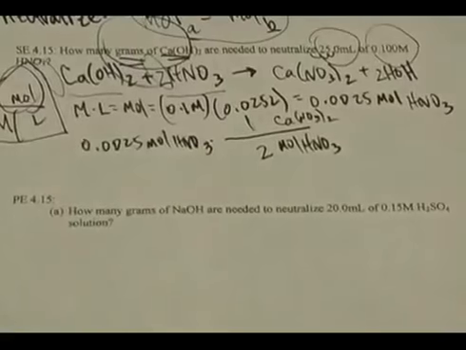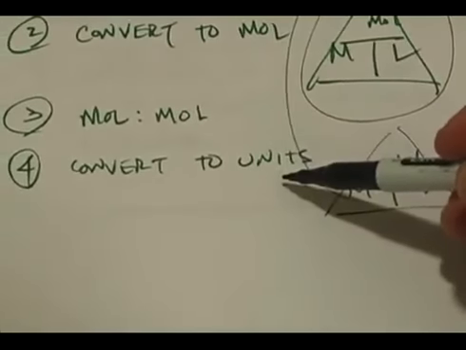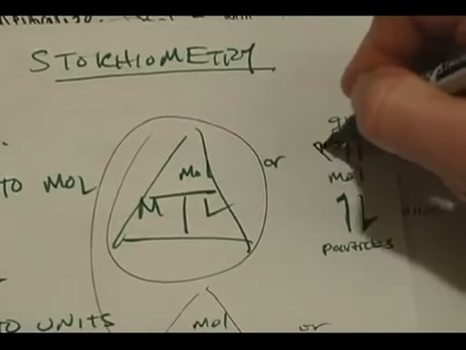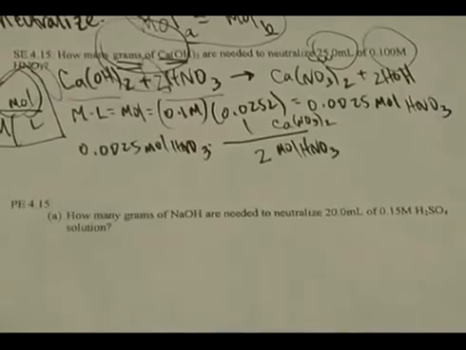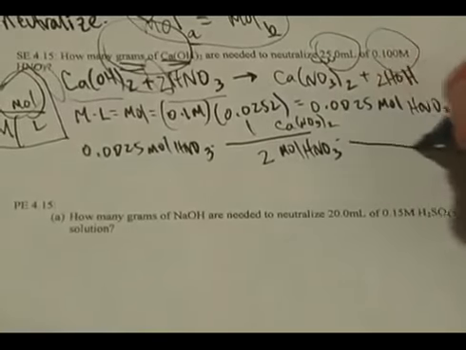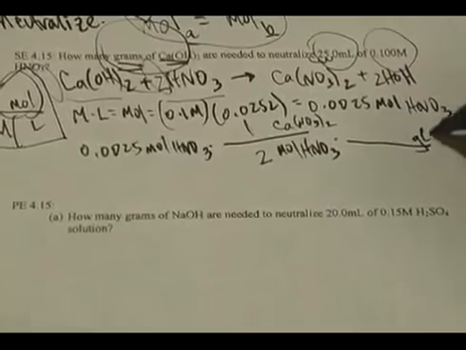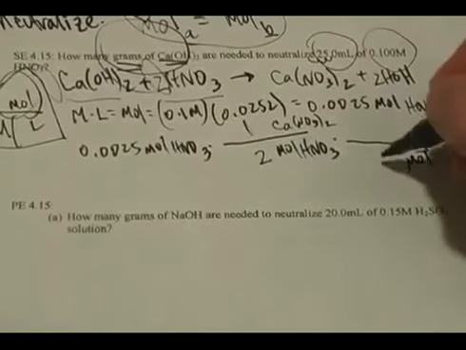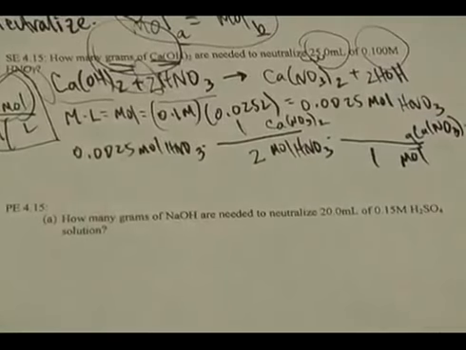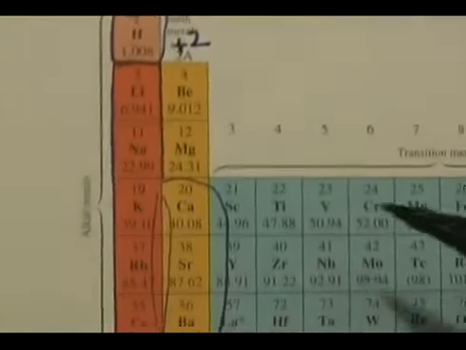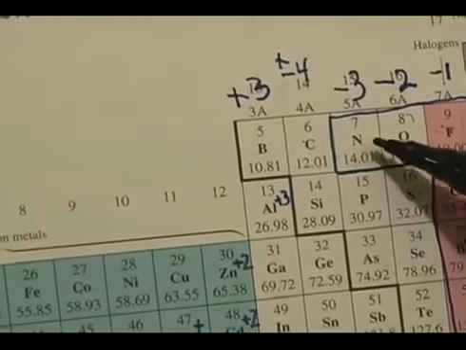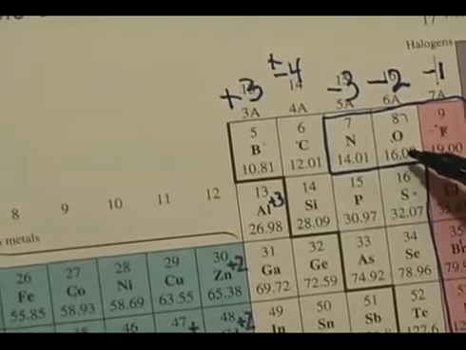So step number 4, once I've done the mole to mole ratio, is convert to the asked for units. And in this case, they asked for grams. So I'm going to go from moles to grams. And to do that, remember, I need to use the periodic table. So if I look on the periodic table for calcium nitrate, I'll put grams of calcium nitrate as my new set of units and moles of calcium nitrate down here. And in 1 mole of calcium nitrate, if I add it up on the periodic table, calcium, of course, is 40, nitrogen over here is 14, and then oxygen is 16.